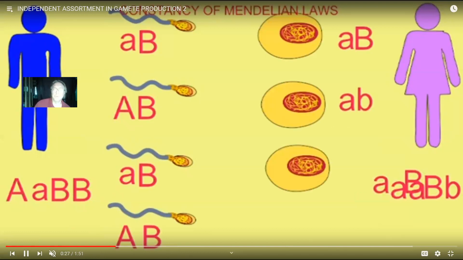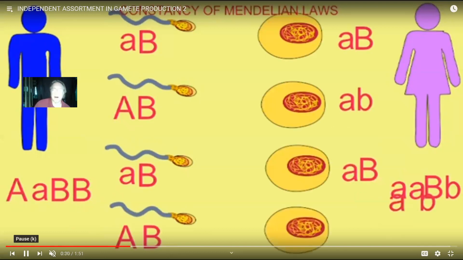And then the same thing would be observed if this woman were to make gametes. Notice she's homozygous for the a gene, but heterozygous for the b gene. So both of them make two types of gametes. In the previous example, if you're homozygous for both, you only make one kind of gamete. These individuals are heterozygous for one of the genes, so they're making two kinds of gametes.